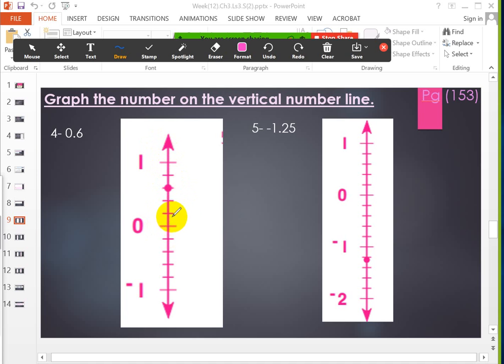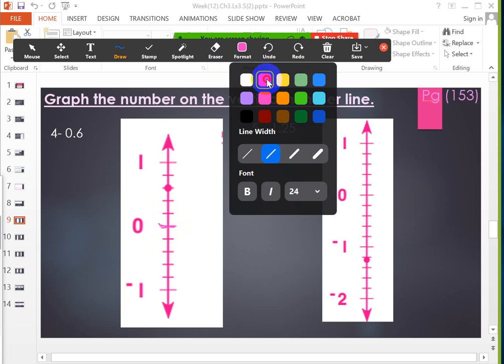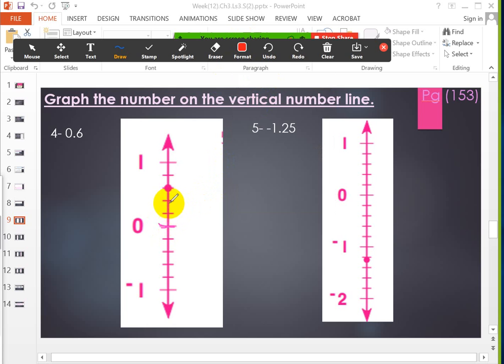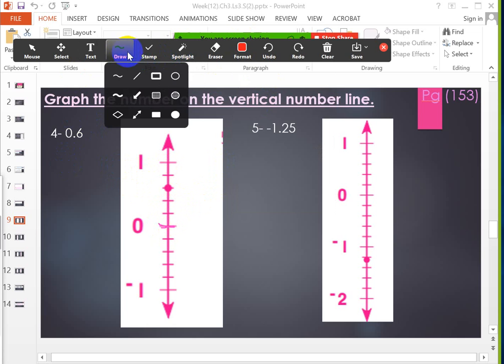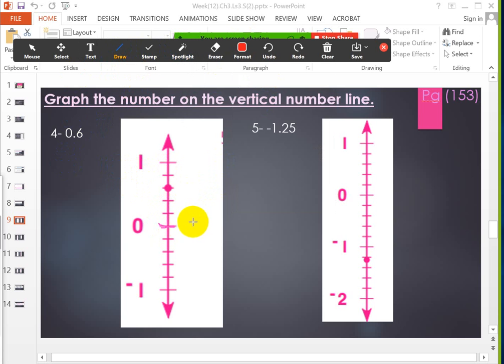This is 0 here in the middle. 0.6, if I want to, I divide the number line into 10 equal parts, with those small lines.